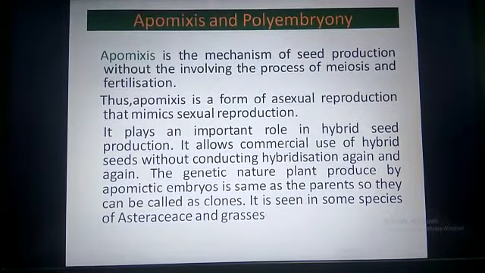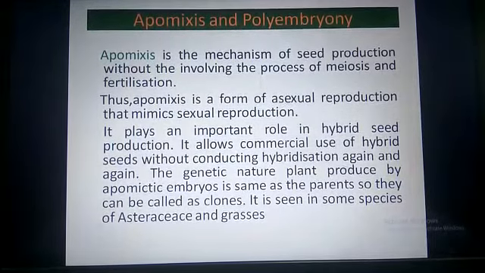In sexual reproduction, meiosis takes place and fertilization takes place, and only then is a seed formed. But in apomixis, seed is formed like in sexual reproduction, but here they bypass the meiosis and fertilization process.